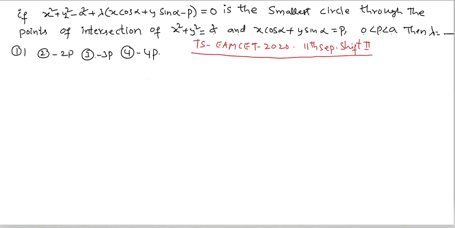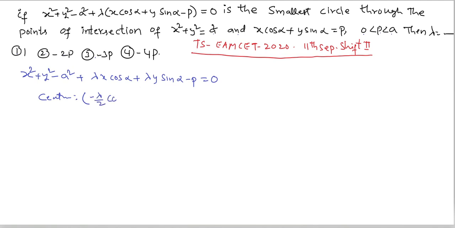Here the smallest circle is x square plus y square minus a square plus lambda x cos alpha plus lambda y sin alpha minus lambda p equals 0. So the center of this circle is (minus lambda by 2 cos alpha, minus lambda by 2 sin alpha). This center lies on the line x cos alpha plus y sin alpha equals p.